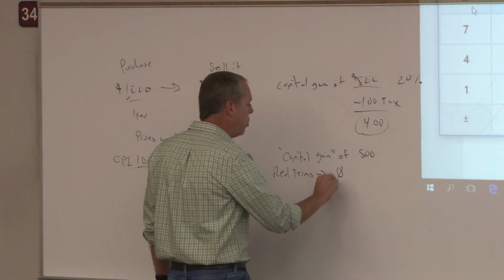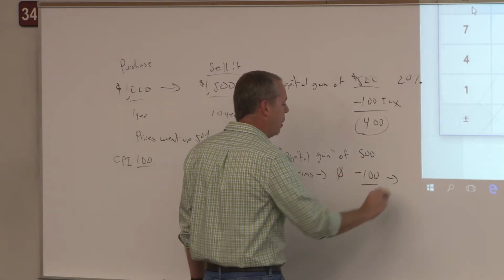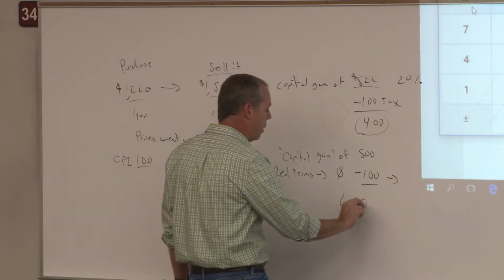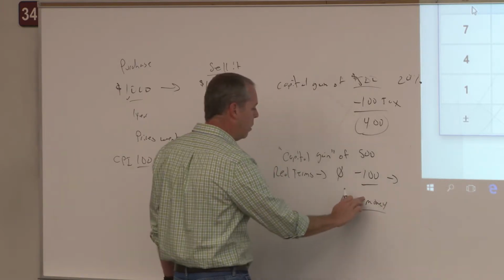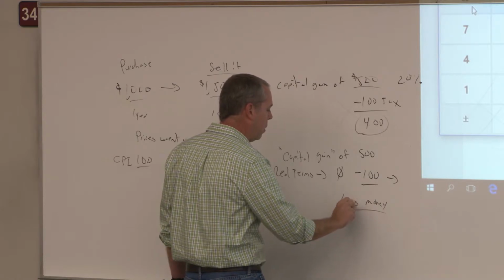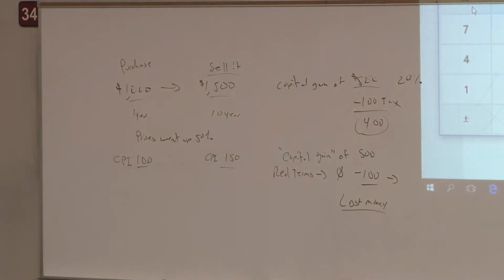So in real terms, your gain is zero, but you're going to have to pay a tax of $100 on it, meaning that you actually lost money. If people know this, what are they going to do? They're going to not invest, not buy the bond, not build the factory, not do whatever.